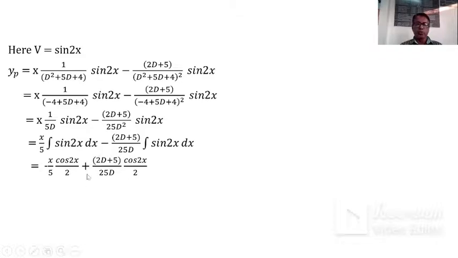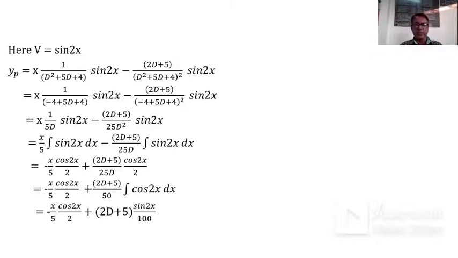Again we want to operate 1 upon D on this. The first term is minus x cos 2x upon 10 plus (2D plus 5) upon 50 and integration of cos 2x dx. Integration of cos 2x is sine 2x upon 2, and this 50 becomes 100.